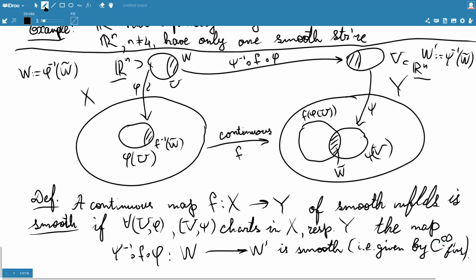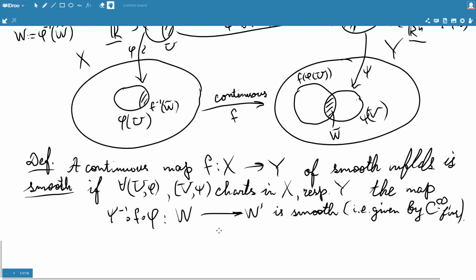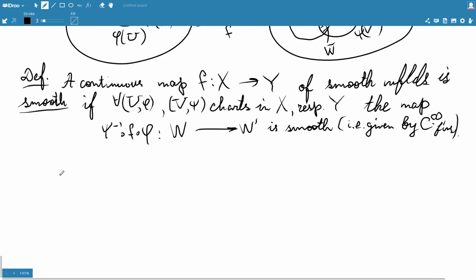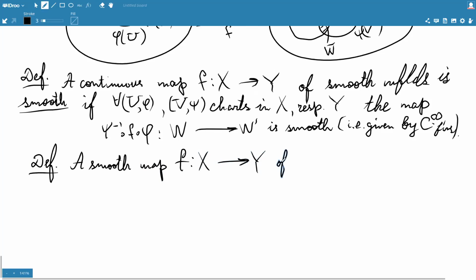What do we mean by a diffeomorphism? A smooth map f from X to Y of smooth manifolds is called a diffeomorphism.